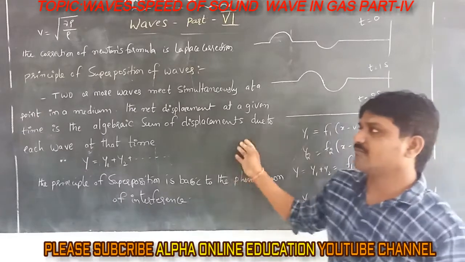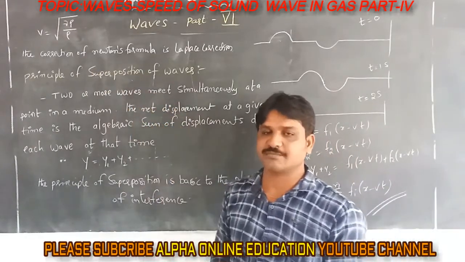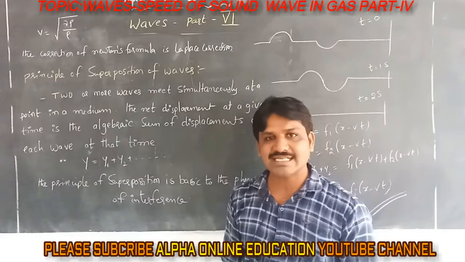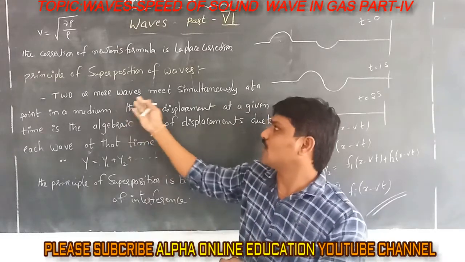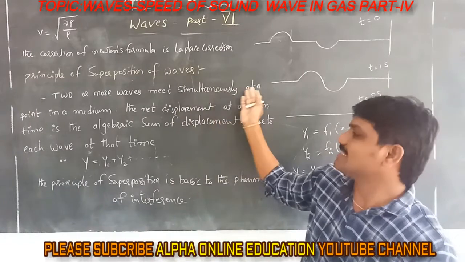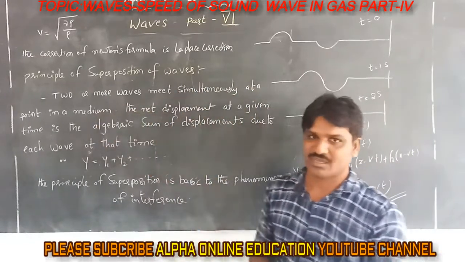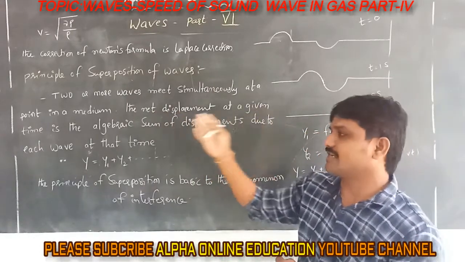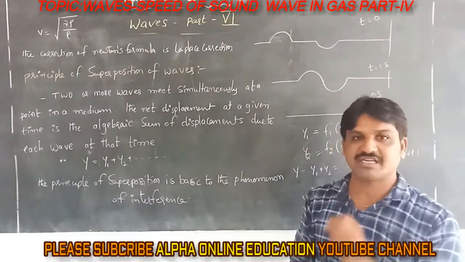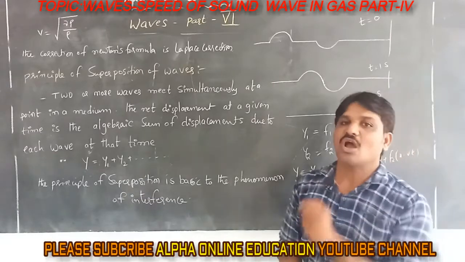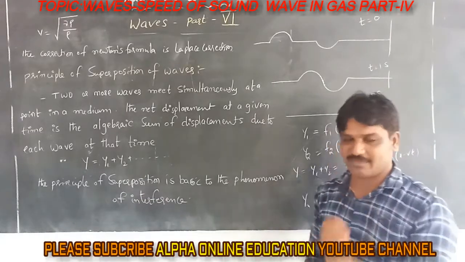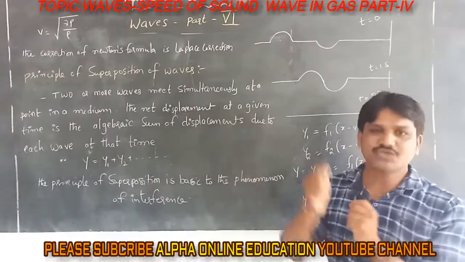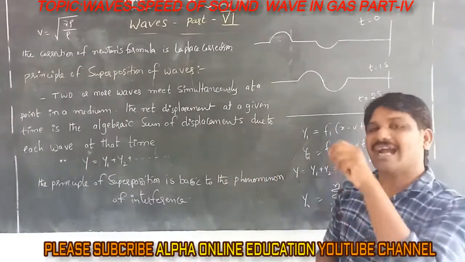Once again, the definition of the principle of superposition of waves: when two or more waves meet simultaneously at a point in a medium, the net displacement at a given time is the algebraic sum of the displacements due to each wave at that time.